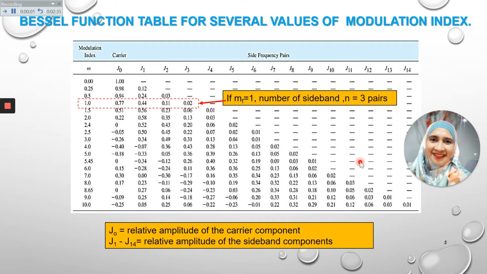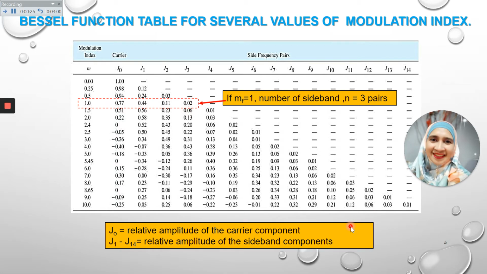Okay, so this is the Bessel function table for several values of modulation index. Let's say if our modulation index mf is equal to 1, therefore, we have J0 equal to 0.77 and the number of sidebands is equal to 3 pairs, J1, J2 and J3.